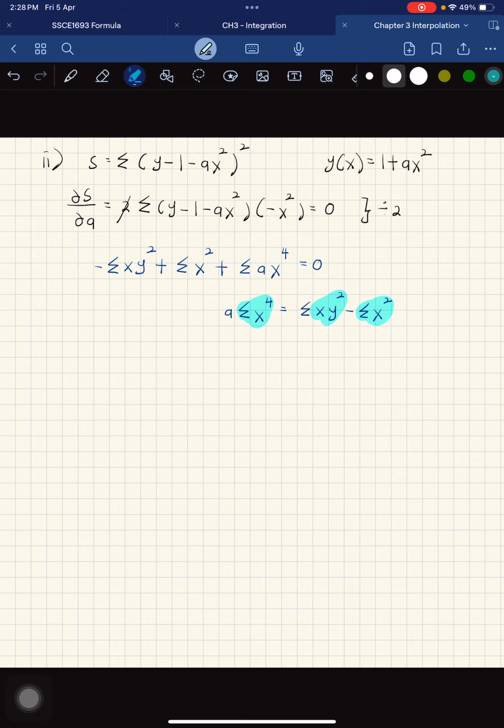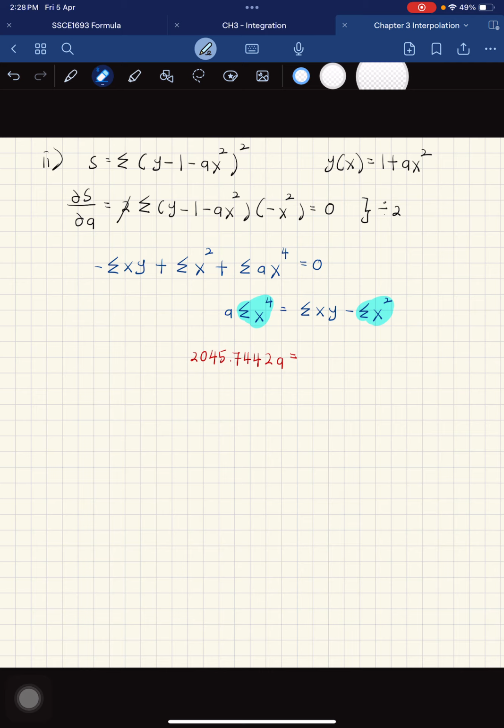By using the previous data, press option and then summation x4, which is number 8, equal, so we have 2045.7442a equal to option summation x squared y.